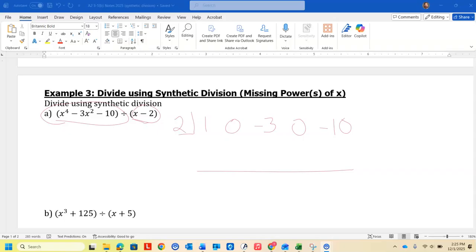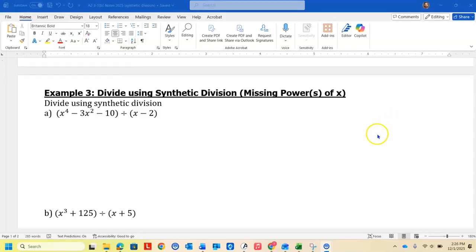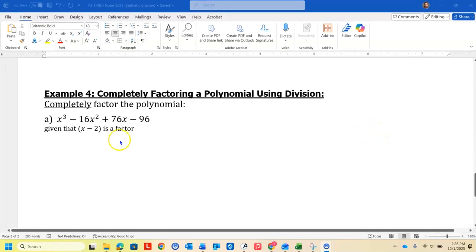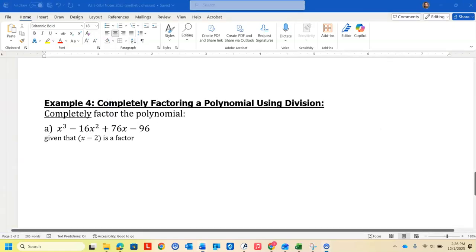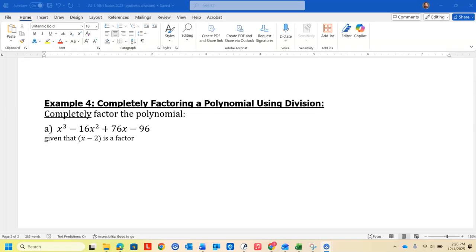Let me clear this drawing now. I'll go down to here. Now this is a slightly different question. It says factor completely. Now if you were doing numbers, and I said factor 50, well, you might start with dividing by 5.